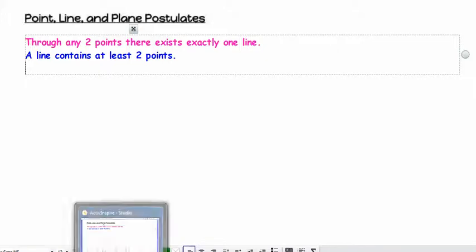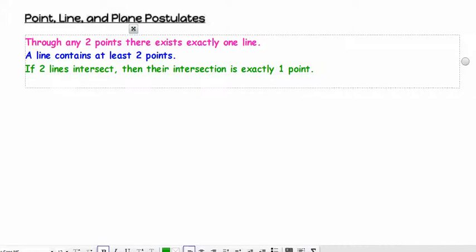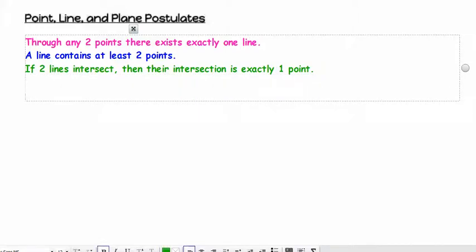Here we know that we have to have at least 2 of them. And the third one: if 2 lines intersect, then their intersection is exactly 1 point. Okay, so I'm going to leave a little space because I want you to see a difference that's going to pop up here for just a minute.